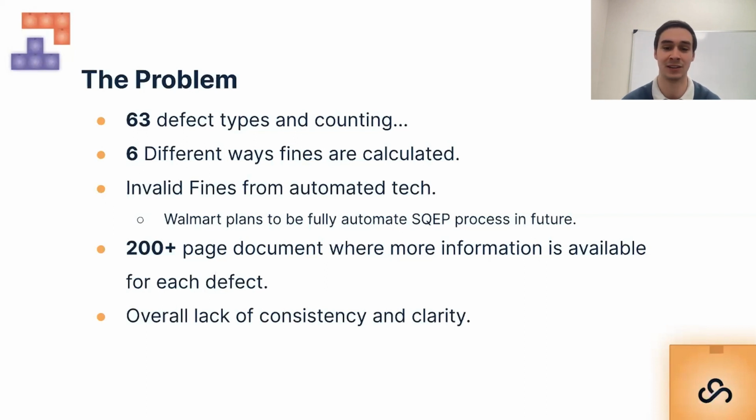I almost look at it as a way that they're covering everything else they didn't cover in OTIF. OTIF focuses on being on time and in full. They just threw SQEP in here to cover the rest of the stuff. And they have their 200+ page supplier guide for packaging and all this kind of stuff. It's just a lot of information to digest and understand how to actually approach and meet these standards for each of these defects.